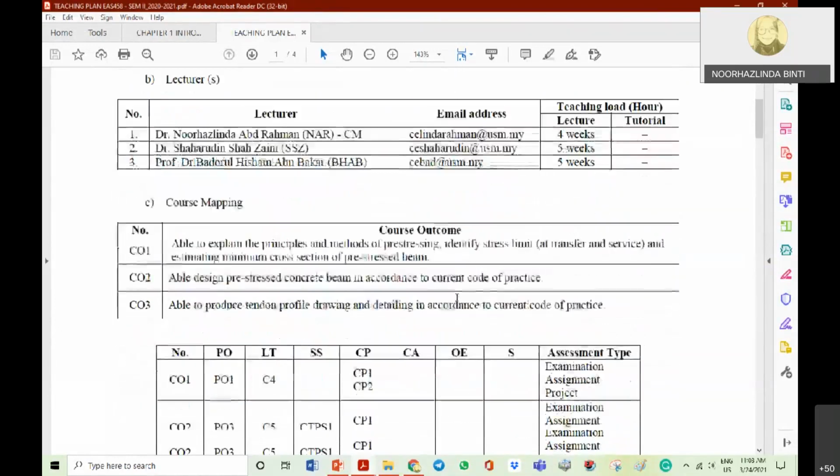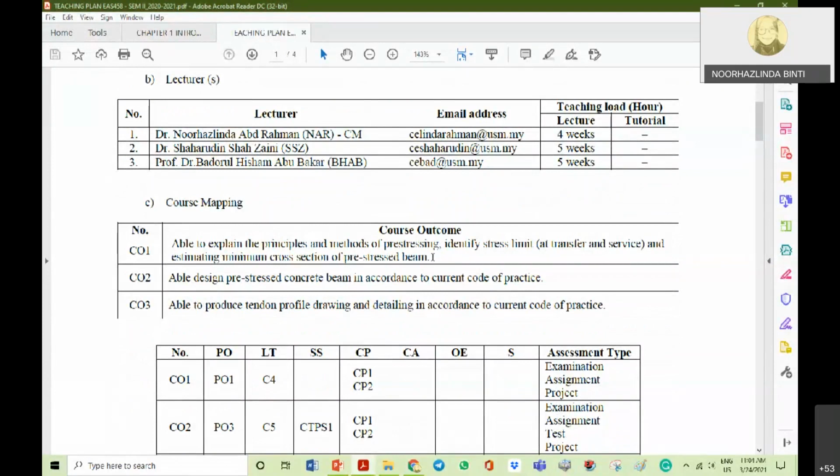Okay, the next is the course outcome. This is what we are expecting you to achieve by the end of this course. The first one, able to explain the principles and methods of pre-stressing, identify stress limits at transfer and service, and estimate the minimum cross-section of a pre-stress beam.